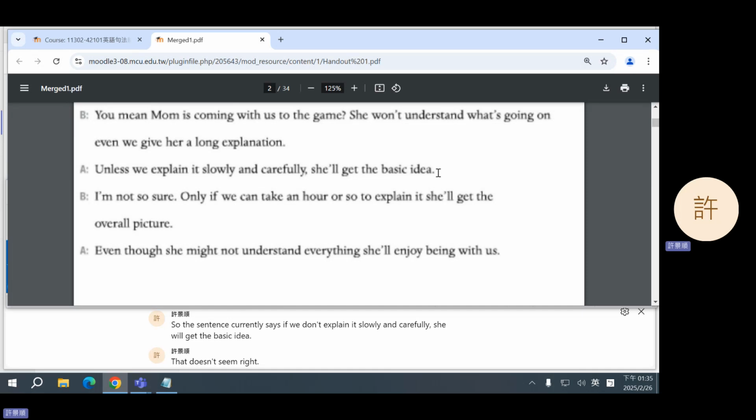So how should we fix this? Maybe we can change this. If we don't explain it slowly and carefully, she will not get the basic idea.